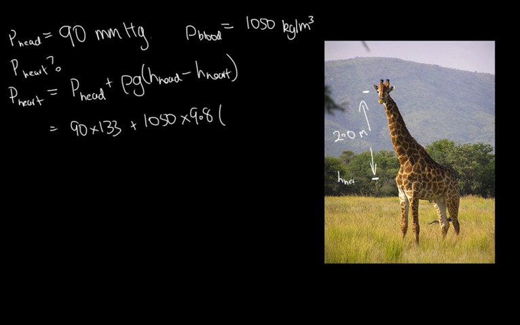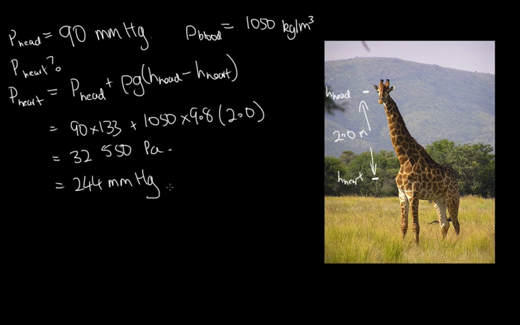So if this is H heart, and this is H head, this minus that is equal to 2 meters. So this is times 2 meters. And so we end up with 32,550 pascals, which we divide by 133 to convert it into millimeters of mercury. We've got 244 millimeters of mercury.